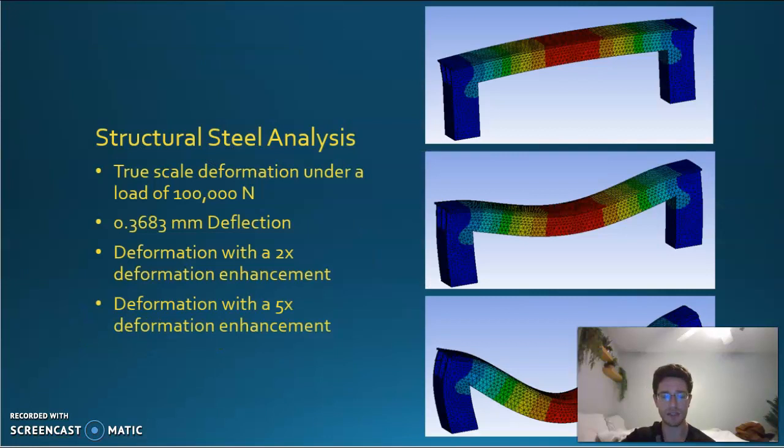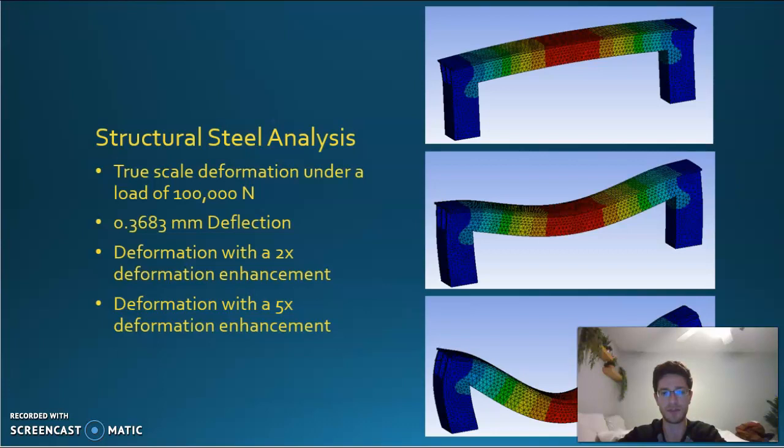Here you can see the analysis performed using structural steel, again with a load of 100,000 newtons. There was a very small deflection, way smaller than I was expecting, which is one of the reasons why I want to research a little bit more and maybe ask some people to see if the information I put in and how the model is set up are right, because 0.36 millimeters of deflection is very small for such a large load.